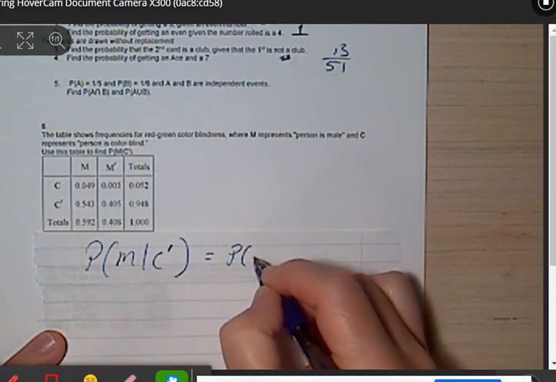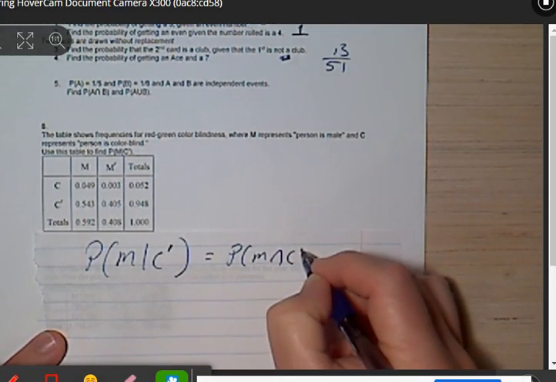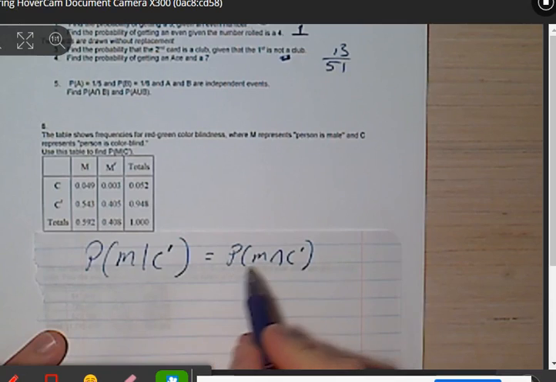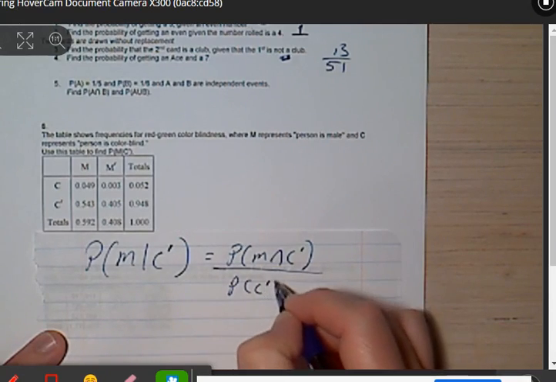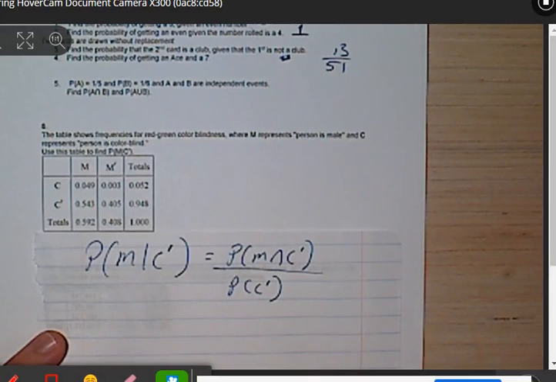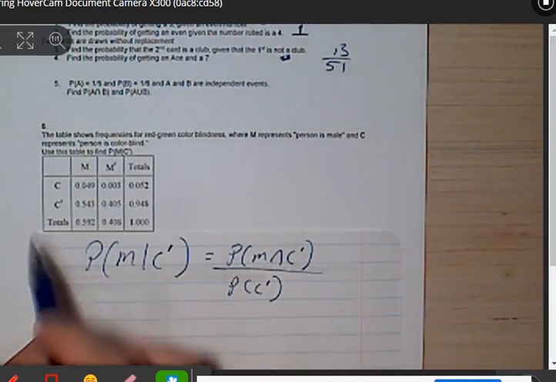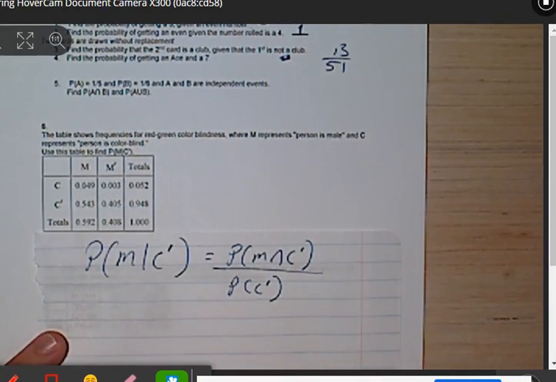If you start looking at the numbers on this one, it's the intersection of M and C prime divided by C prime. So this is where you just have to go back through the chart and figure out what the numbers are.